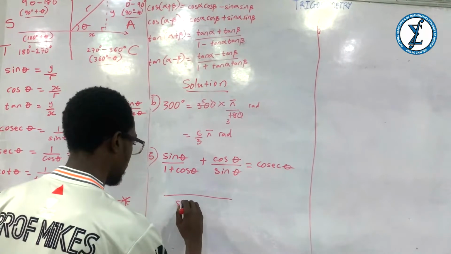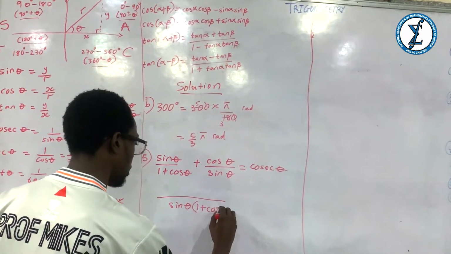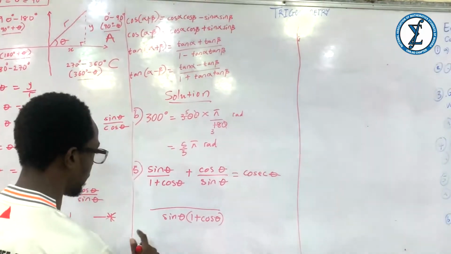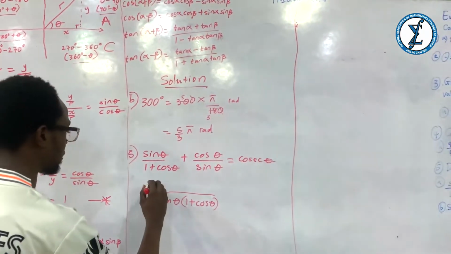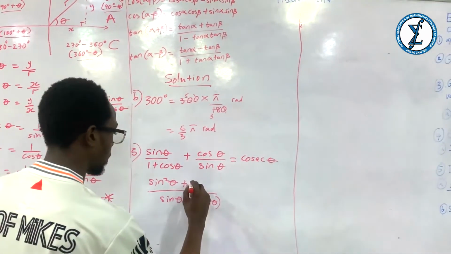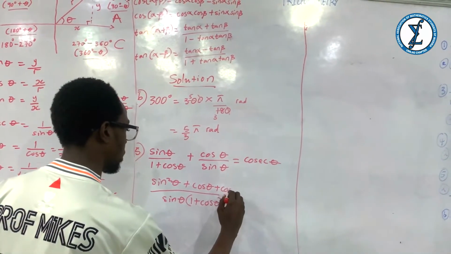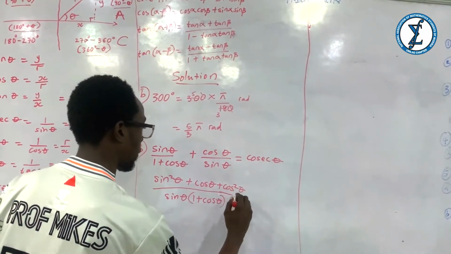That will give us sine theta multiplying 1 plus cos theta. Then doing what to do in LCM, we have sine square theta plus 1 plus 2 cos theta plus cos square theta.